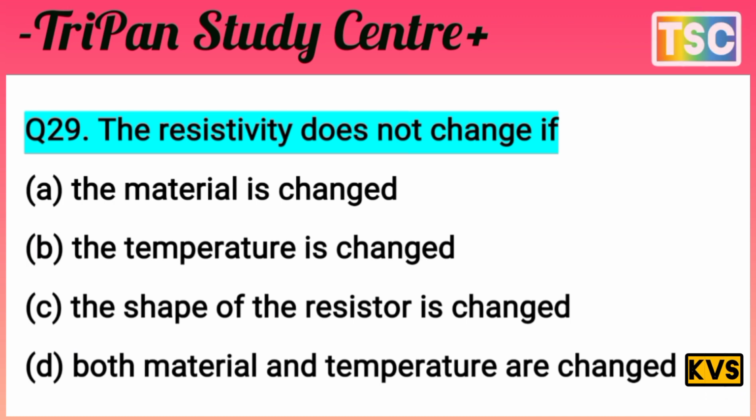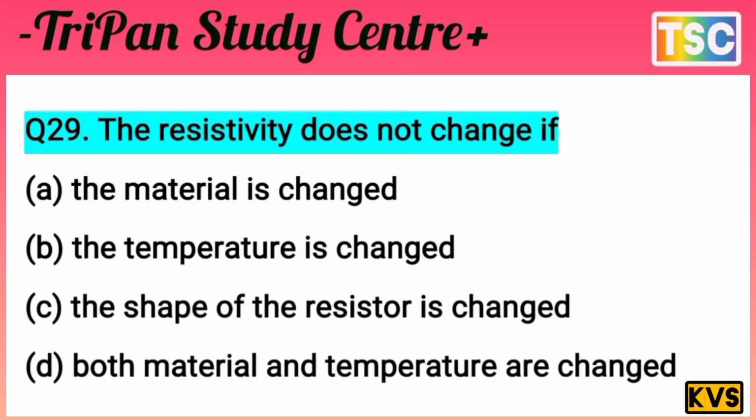It means A and B are rejected. D is also rejected, because it involves temperature and material, both changed. It means option C is correct: the shape of the resistor is changed. The resistivity does not change if the shape of the resistor is changed. Option C is correct.